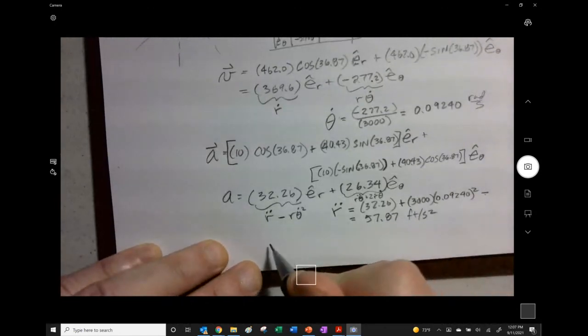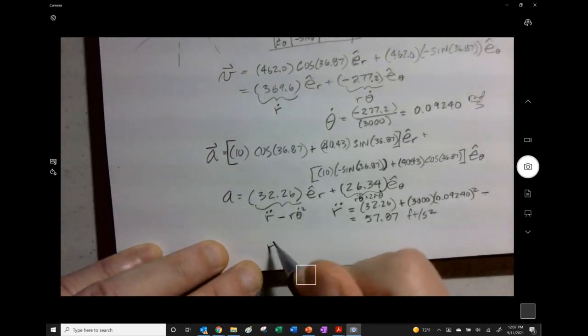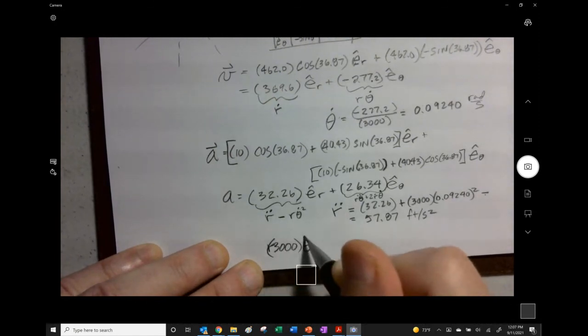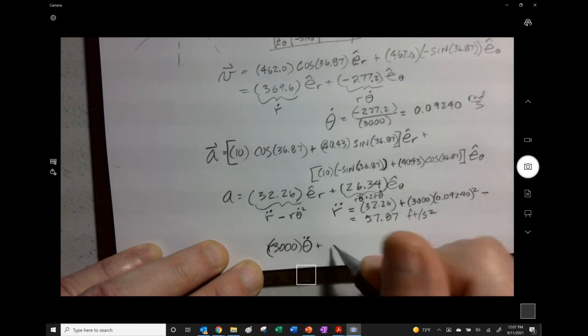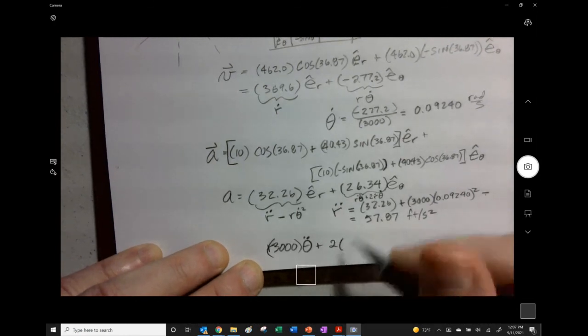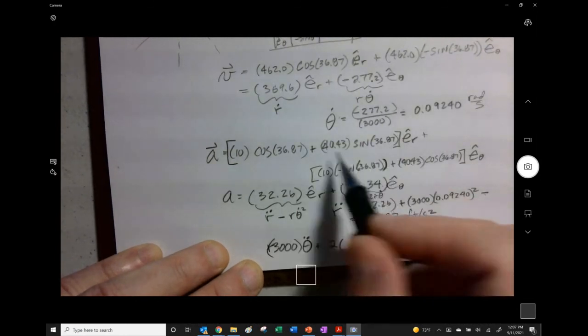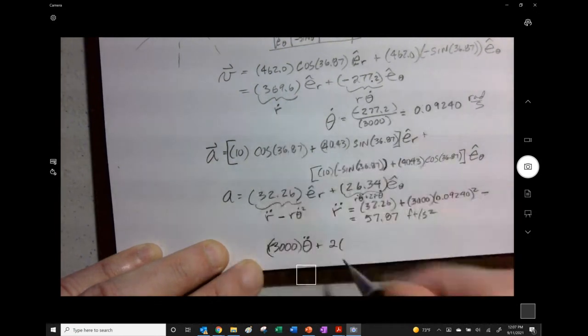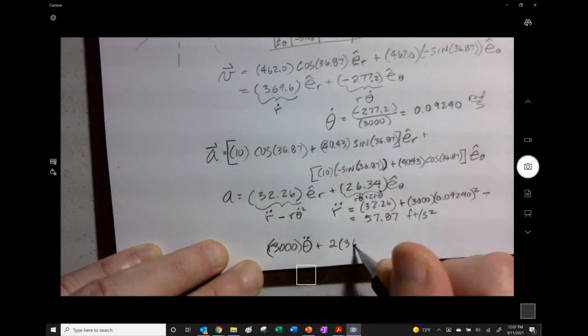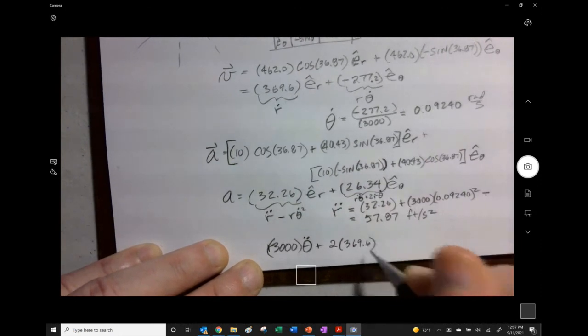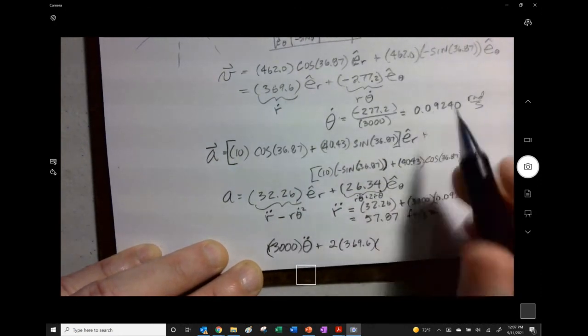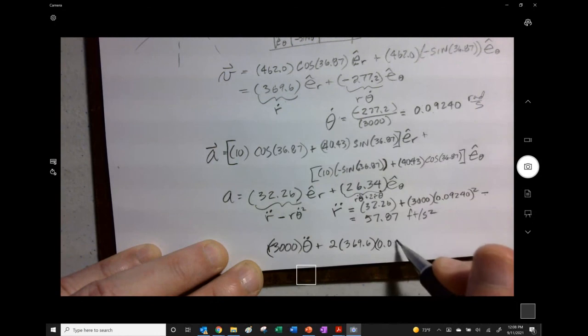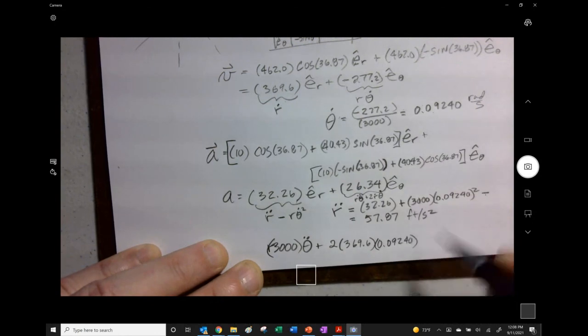Okay, so I'll just write it out: 3,000 theta double dot plus 2 times r dot, which we got up above somewhere, right? Up here, yeah, 369.6. And then theta dot, which is right here, 0.09240. And that's going to equal 26.34.